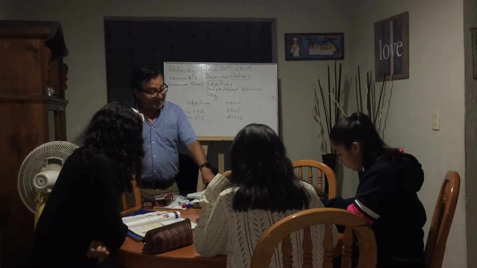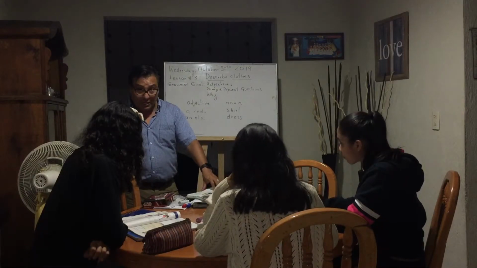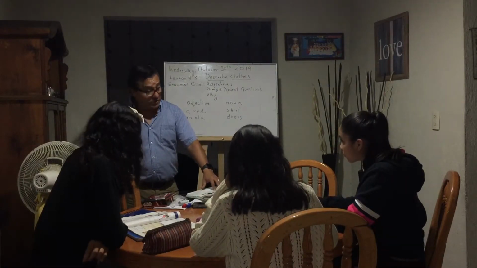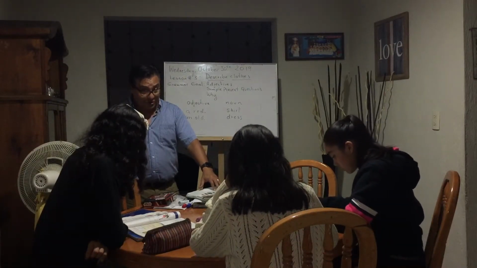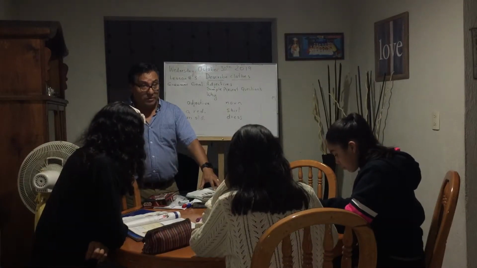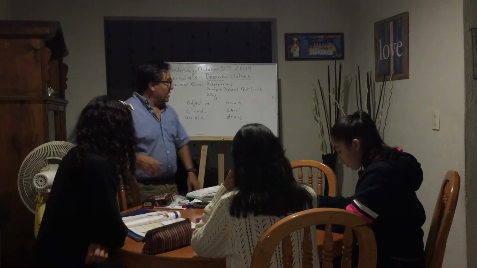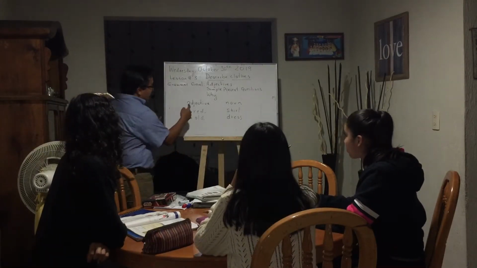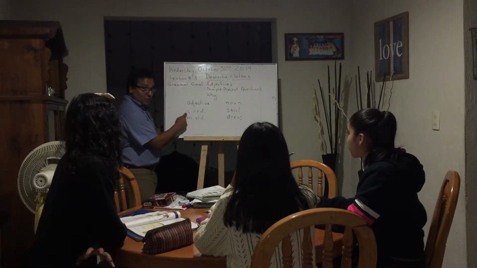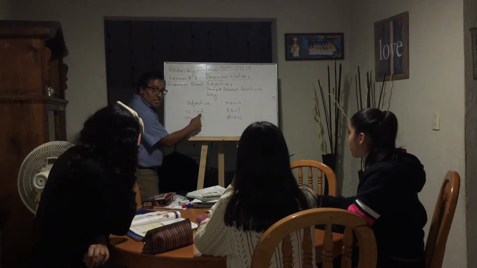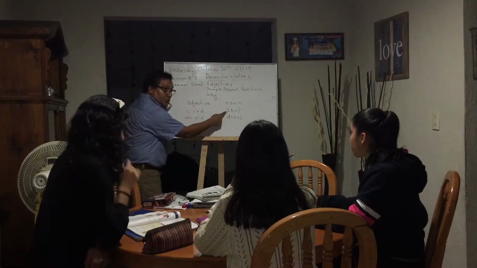So what is the first word that you see? The adjectives. A long skirt. What is the adjective? The adjective is long, and the noun is skirt. Now, look at this. The adjective goes first, and then the noun.